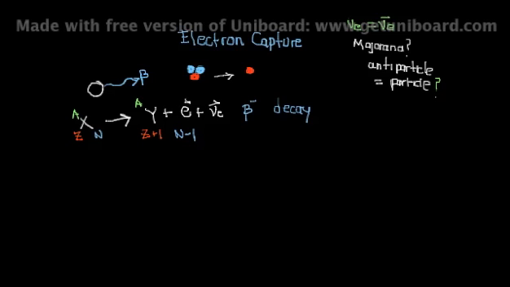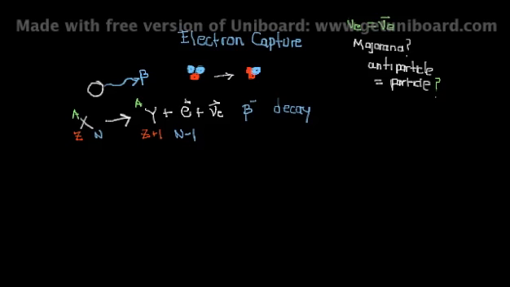Change a neutron by a proton, and we have 2 protons and 1 neutron.